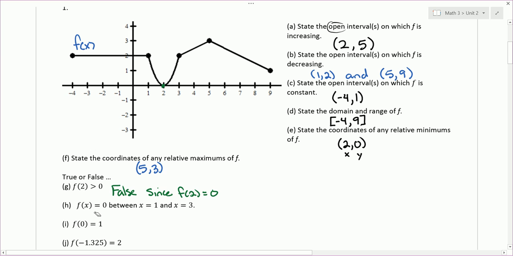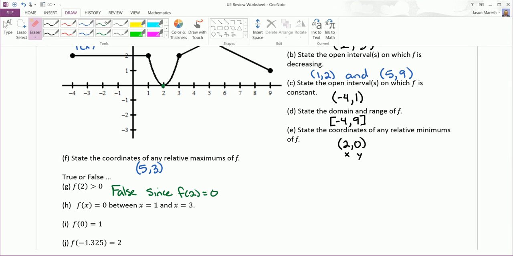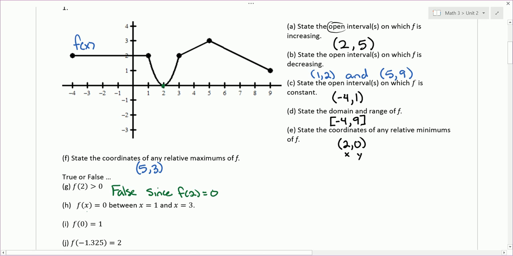H says f of x equals 0. So our function's y value is equal to 0 between x equals 1 and x equals 3. So when x is 1, there's our 1 right there on the x-axis.